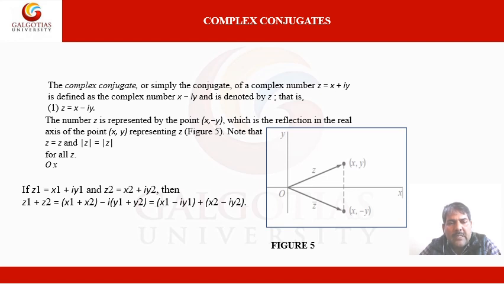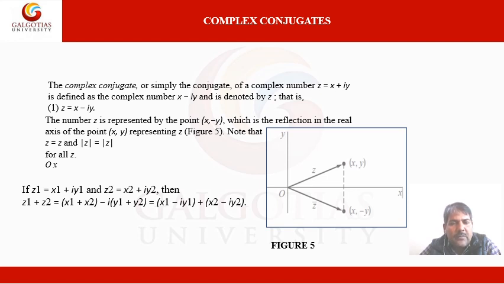The number z bar is represented by the point x, minus y, which is the reflection in the real axis of the point xy representing z, as shown here in figure 5.